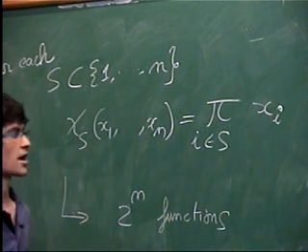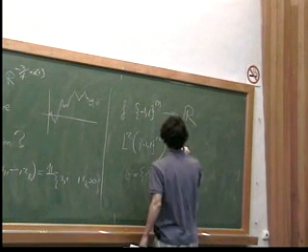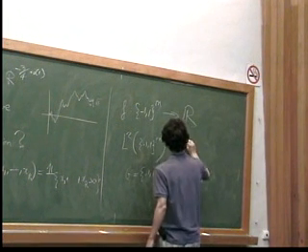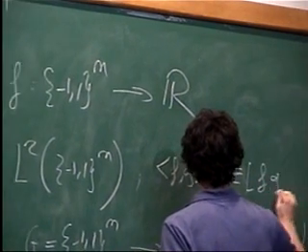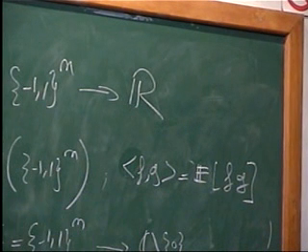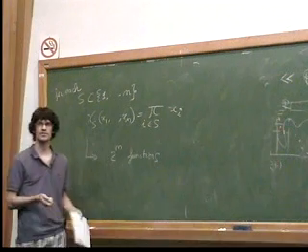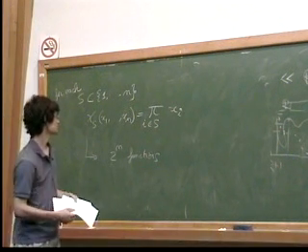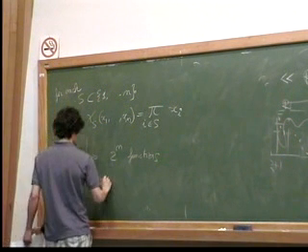And they are orthogonal, so maybe I should say what is the scalar product I put on this. Well, I'll use the natural one for the probability, so just the expectation. So it's easy to see that these 2 to the n functions are orthonormal, and they are of norm 1. So by cardinality, this gives you a basis. So this is a basis.